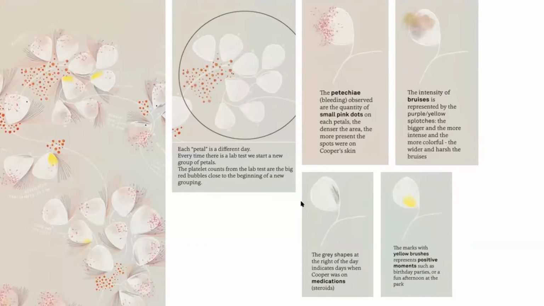And similarly, there's also one more visual element where the positive moments in the entire journey were marked. So there are many other visual elements that are represented in the artwork. But if we look at the artwork, it's not a scientific representation of data, but it outlines the impact a child's illness can have on her as well as her family.